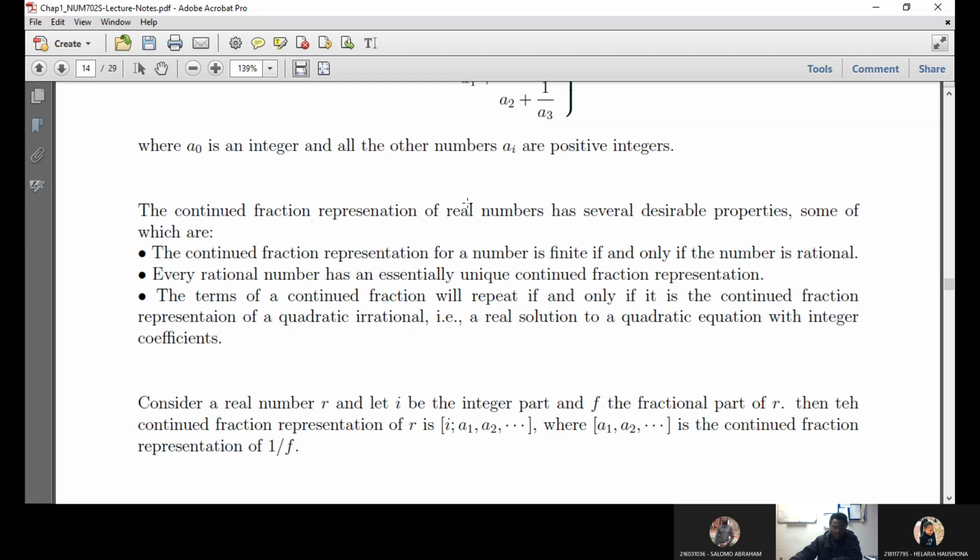It means that you have this irrational, let me call it I sub R. It has to be a solution of something of this form.